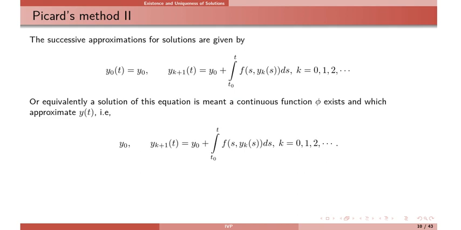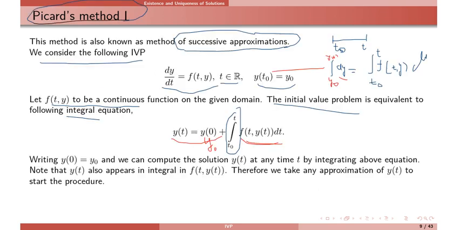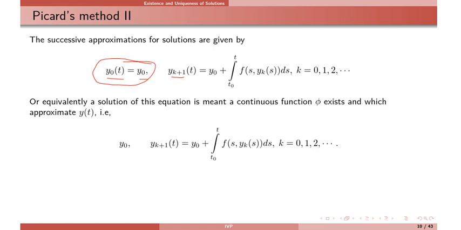So what are successive approximations? We start with a known function, which is y0. I am writing y0(t) equal to y0, the starting point. Then successive approximations are, as we did in Newton, secant, etc., put a label k plus 1 on the left hand side: y_{k+1}(t) equals y0 plus the integral from t naught to t.